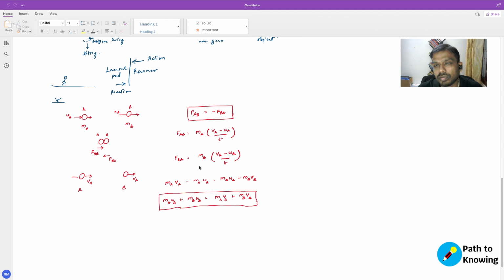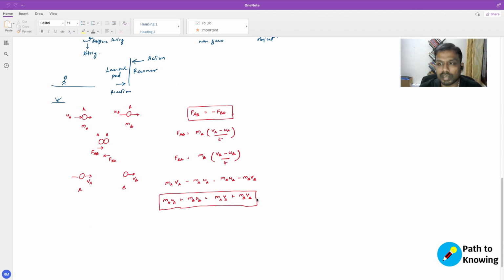So where Newton's laws have led us is that the momentum of the objects is actually conserved. That is, although the velocity changes for both of these objects, the velocity of A changes from UA to VA, and the velocity of B changes from UB to VB.